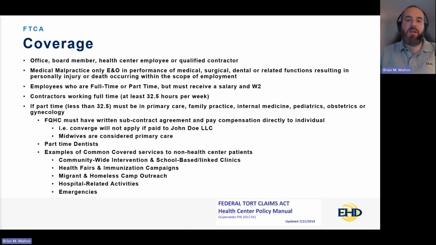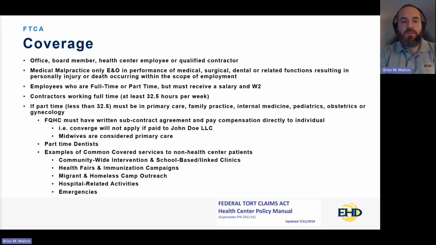But the issue comes into play with contracted or I'll say outsourced individuals who don't work full time, which is identified as 32 and a half hours per week. Oh yeah, part-time dentists are included as well.